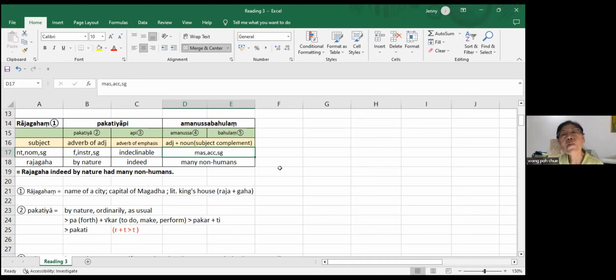Raja Gaha. And Pakatiyapi here is made up of Pakatiya plus Api. Pakatiya is a feminine noun ending with long A, so it's instrumental singular, by nature.